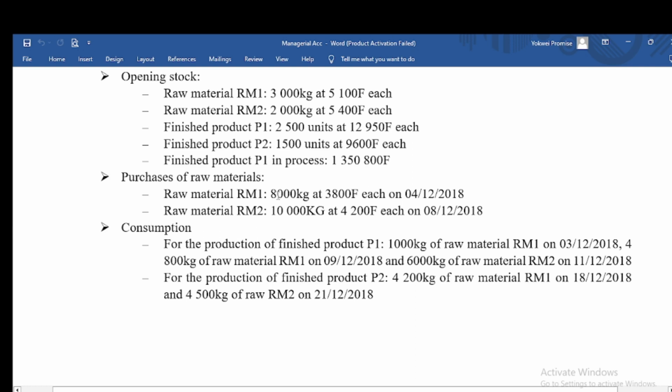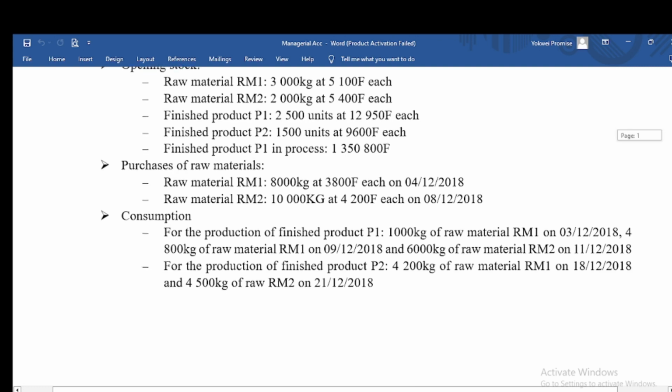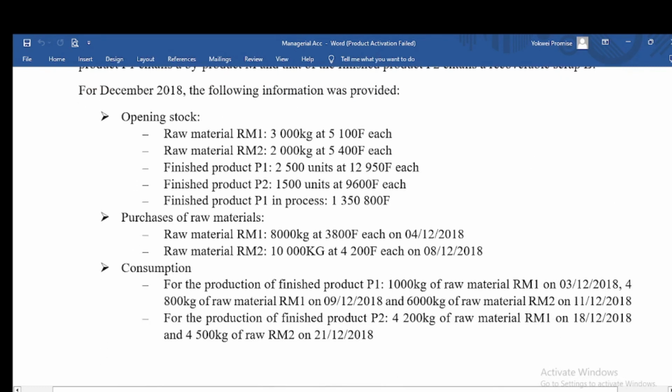There was a purchase on the 4th of December. They purchased 8,000 kilograms. It was opening stock, then consumption of 1000, then here on the 4th they make a purchase of 8,000 kilograms, right?